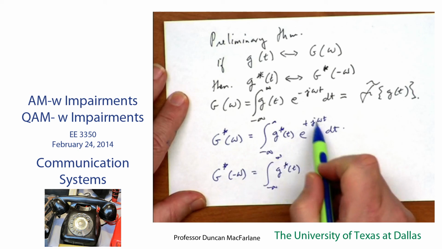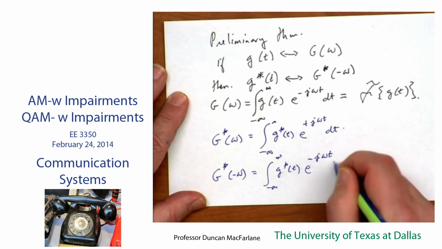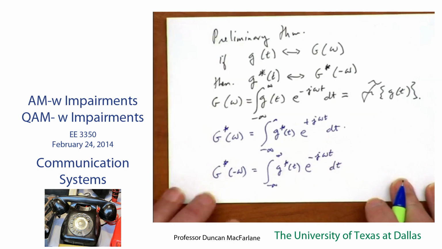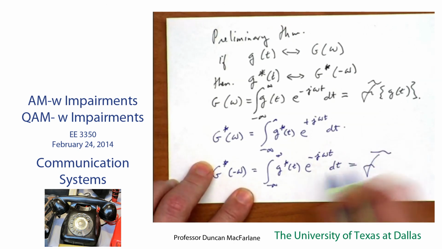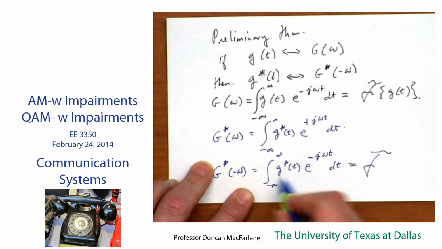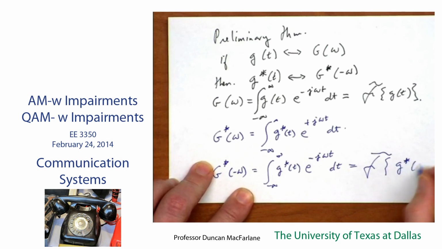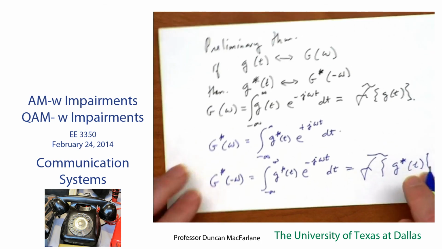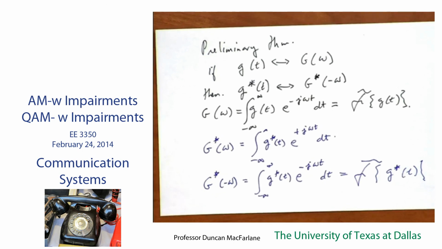But minus omega means I flip this back, e to the minus j omega t dt. And this is equal to then the Fourier transform of whatever's here, which is g star of t. Okay? So that's our little preliminary theorem that we're going to need for single sideband AM.